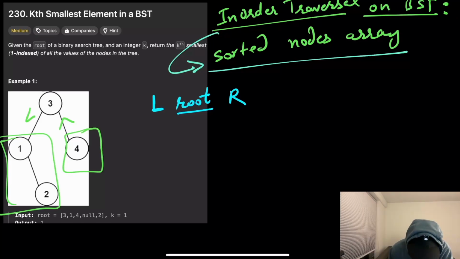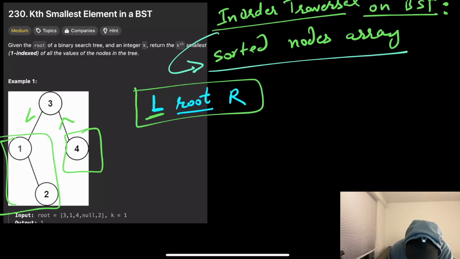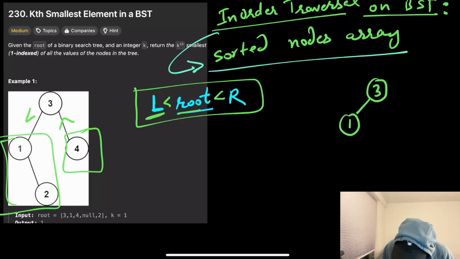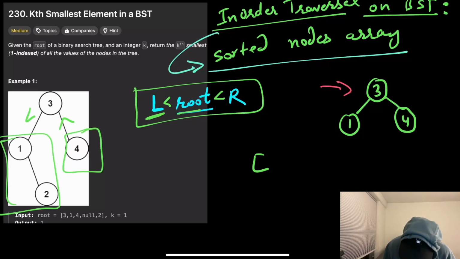So you tell me, if I am visiting all the nodes in this particular order, and I know the left has to be smaller than my root and the right has to be greater than my root, then if I have a simple tree, let's say 3, and then 1, and then 4, and I'm doing the in-order traversal on this tree, I visit the left child first, so I'll have 1 first, then I'll visit 3, and then I'll visit 4.